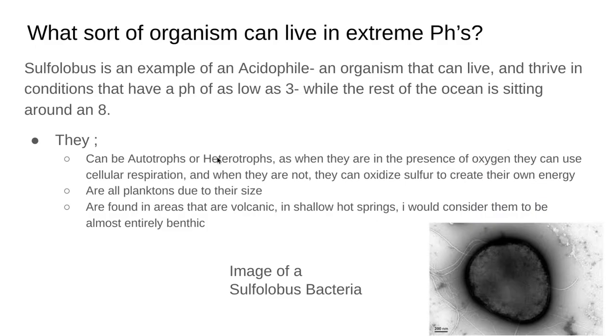And then, what kind of organisms can live in extreme pHs? I didn't really explain any extreme case scenarios, but in a lot of volcanic areas, there are high temperatures and extreme pHs where some extremophiles, called Sulfolobus, can live. It's a bacteria that is an acidophile, which means it can live in an acidic environment.